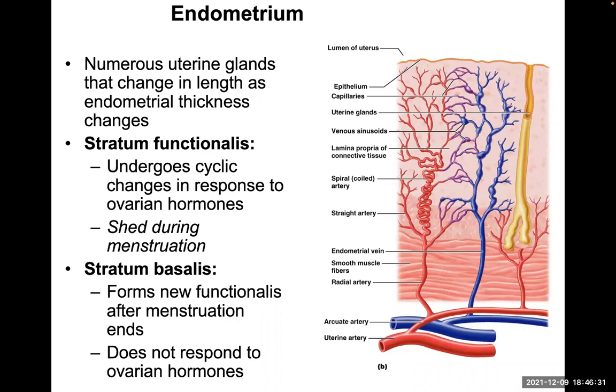The basal layer is not hormonally controlled the way the functional layer is. The functional layer, like I said, has lots of receptors for progesterone. So when those levels drop, that's when the functional layer detaches and is shed.